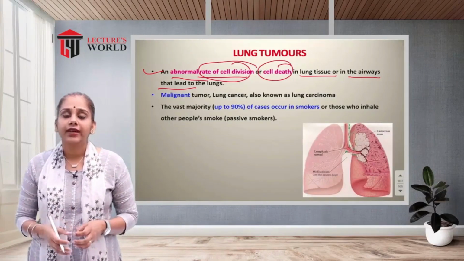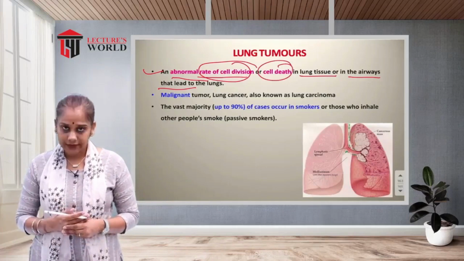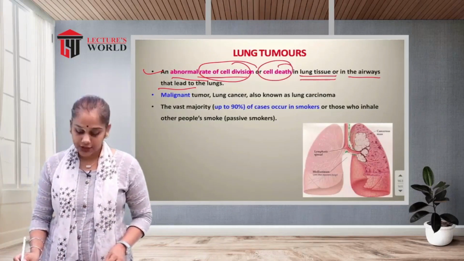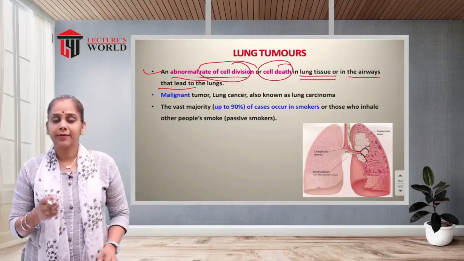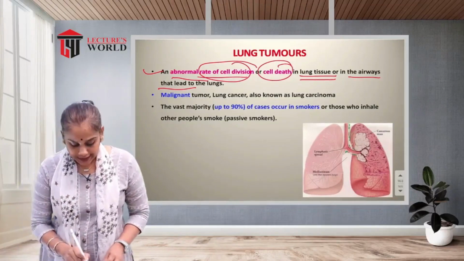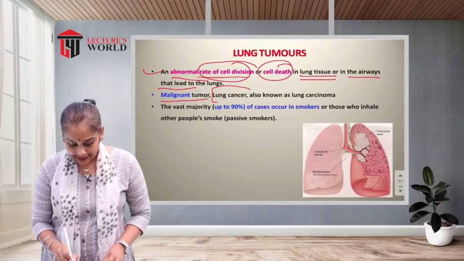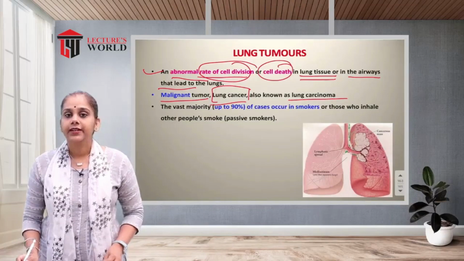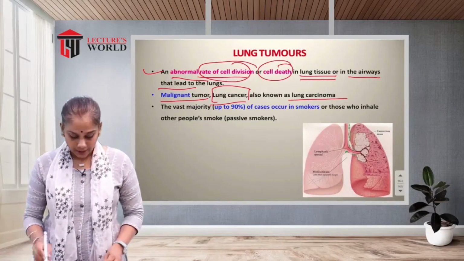So that is known as a tumor. Lung tumors are found in the lung tissues. It may be malignant or benign. A malignant tumor is known as lung cancer or lung carcinoma.